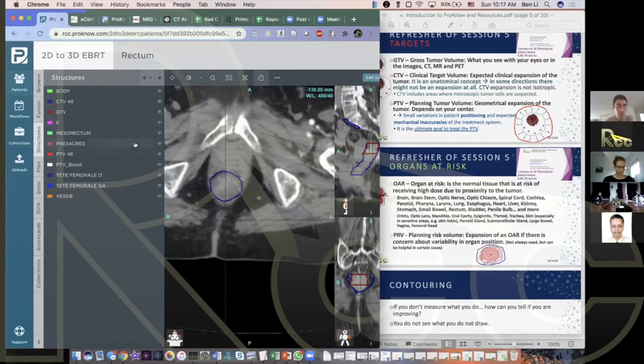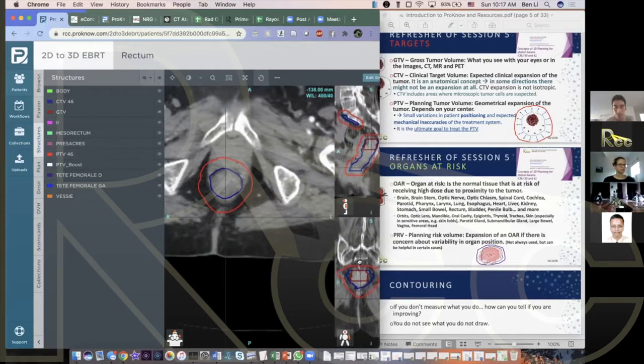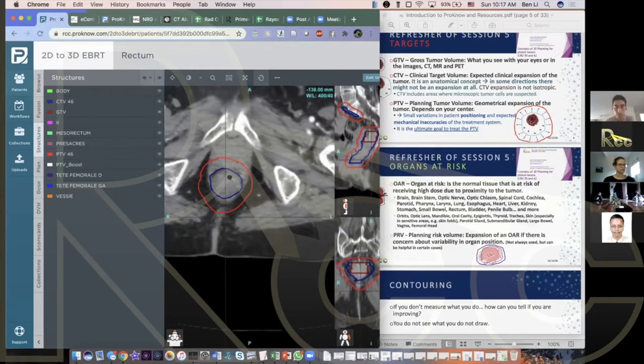And lastly, we have the PTV. Now, look at the sagittal view, look at the coronal view, and then look at the axial view. And you can see that the CTV looks like just a uniform expansion. And oftentimes the PTV looks like a uniform expansion.